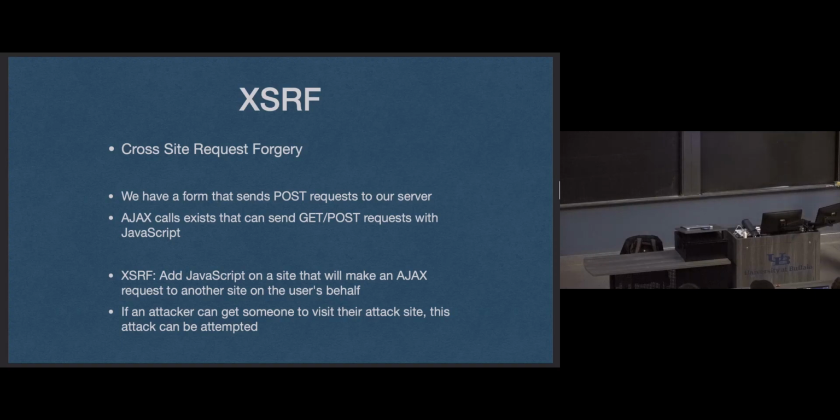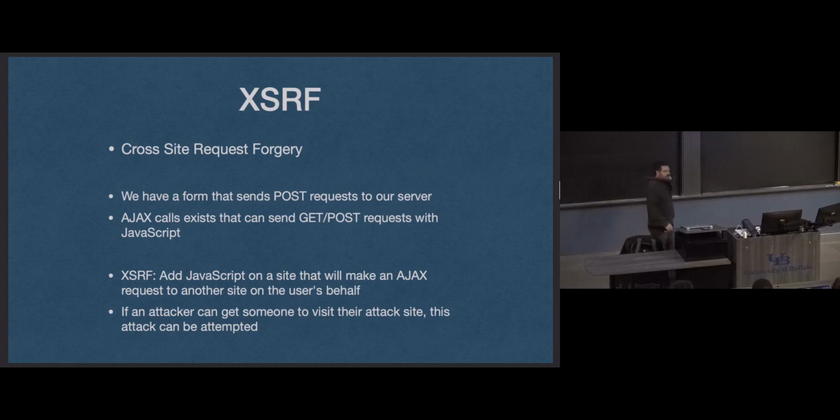So cross-site request forgery. We have this vulnerability now where we have a form on our front end that allows you to send HTTP requests. Right now, the form takes a comment and an image, and you can submit that comment and image to the site, and then that comment and image is posted to the site.